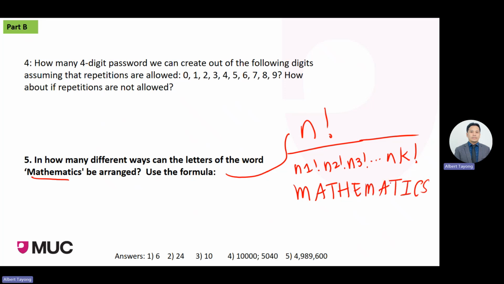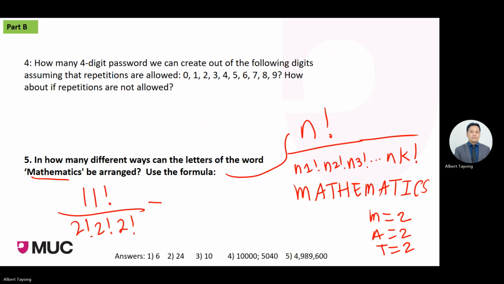Mathematics: 1, 2, 3, 4, 5, 6, 7, 8, 9, 10, 11. So our n is 11. And m is repeated 2 times, a 2 times, and t 2 times. The rest only 1 time. So 11 factorial over 2 factorial times 2 factorial times 2 factorial.